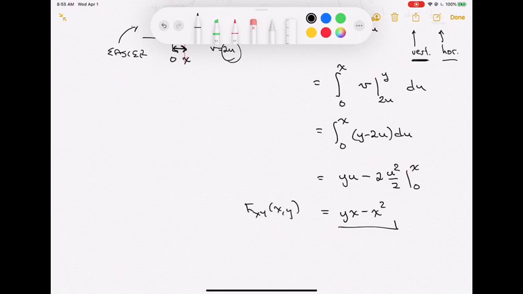Just a comment here, it's not a surprise. We were expecting something that comes out as a function of x and y. You will almost always, just as a point of observation, see your dependence on the variables x and y show up in things like the limits of integration.